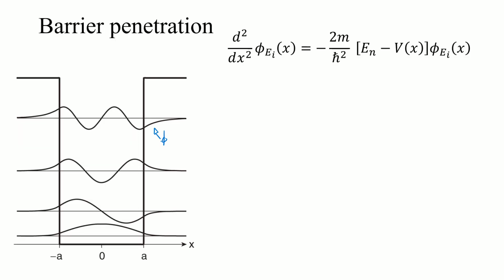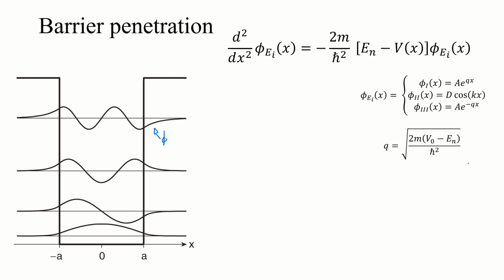penetrating into that barrier, right? Now, if you remember, the solution to the wave function in those regions was essentially e to the q times x in the region back here, where x is less than negative a, and where x is greater than a, we had the opposite, where this was negative qx.